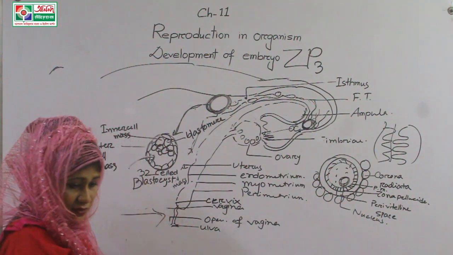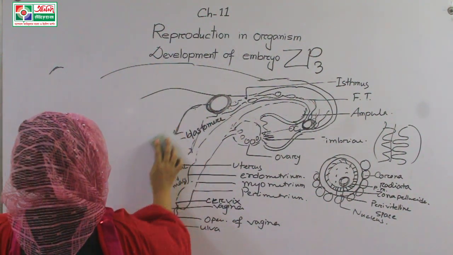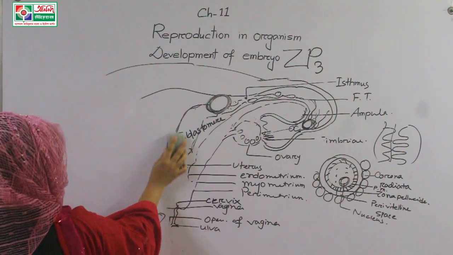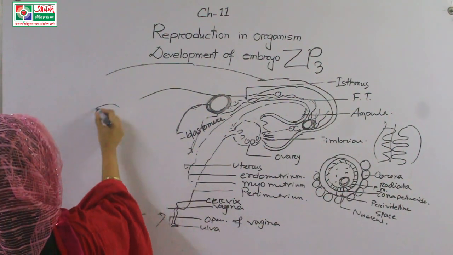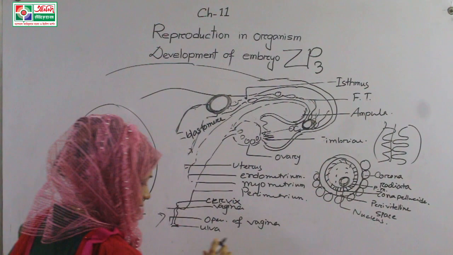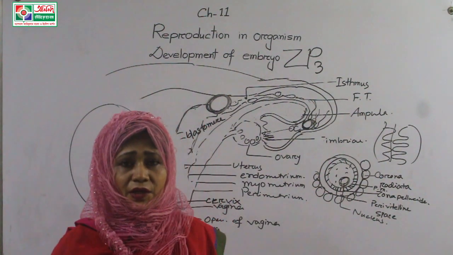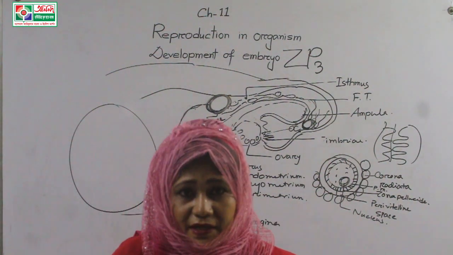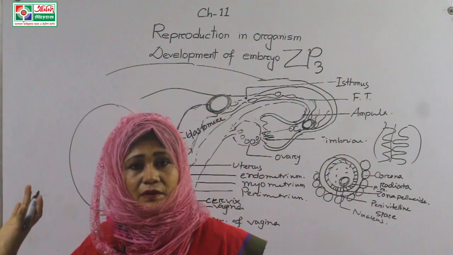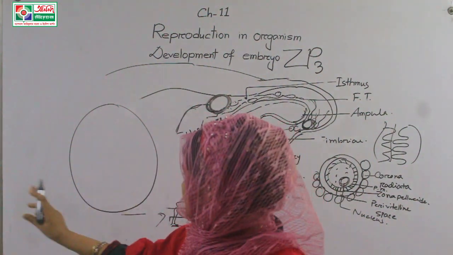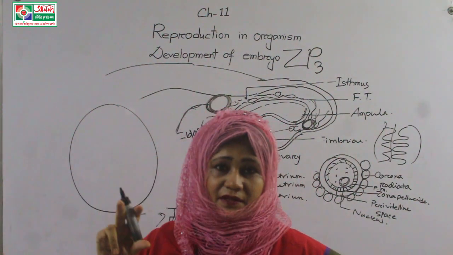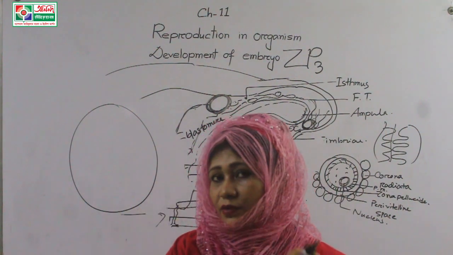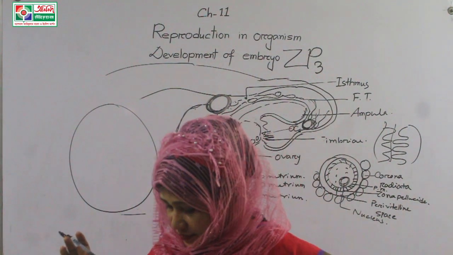I should draw the structure quite larger so that you can understand properly. This is the blastocyst, because students, sometimes you may be asked in the exam to write about the blastocyst, and if you give this figure with the definition, then you can score a good mark in your exam.